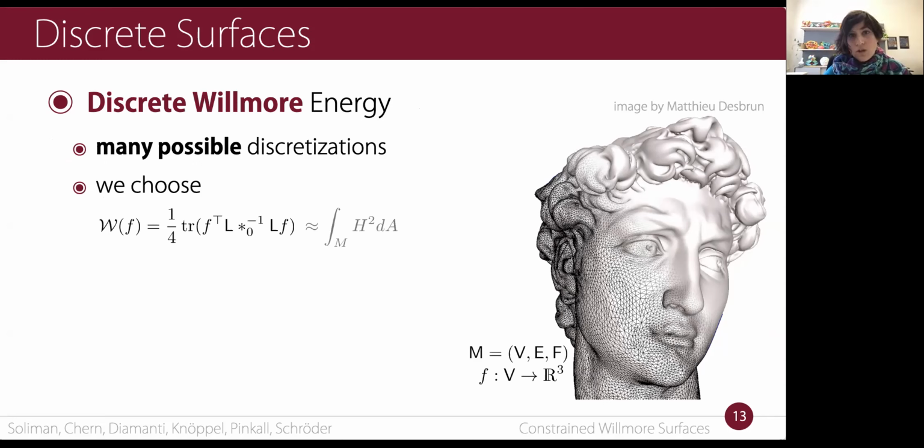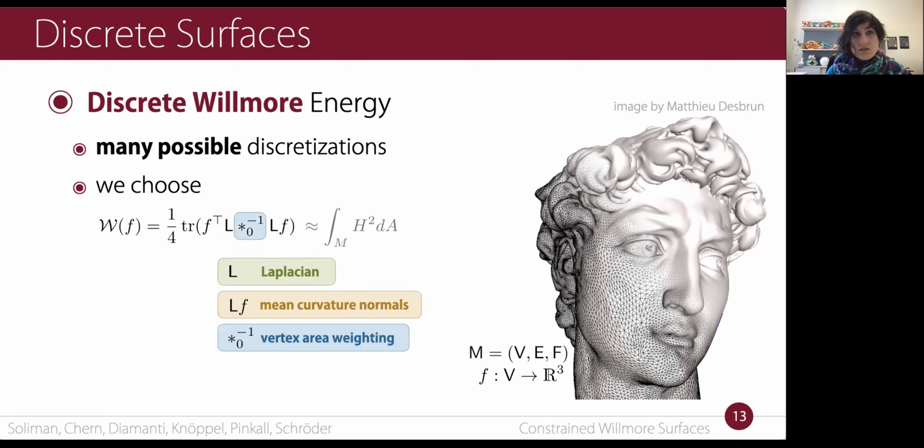And then we need a notion of discrete Willmore energy. There are a few options here, but we actually can use any of them. The one that we did use in the paper involves the total weighted sum of squared mean curvature vectors. Here you've got this L matrix, which is a standard cotan Laplacian, and then you apply it to the vertex positions F, and you get the mean curvature normal.